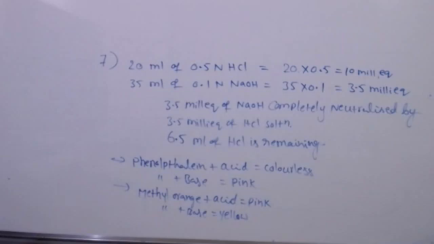No, the answer is given as C, turns phenolphthalein solution to pink. Phenolphthalein in acid, colorless or colored? Sir, phenolphthalein is colorless in acid. So we add phenolphthalein in base and then start the neutralization, right? So due to the acidic nature of the solution, the phenolphthalein becomes pink. I'm not sure. Wait for 2 minutes, I will tell you about that.